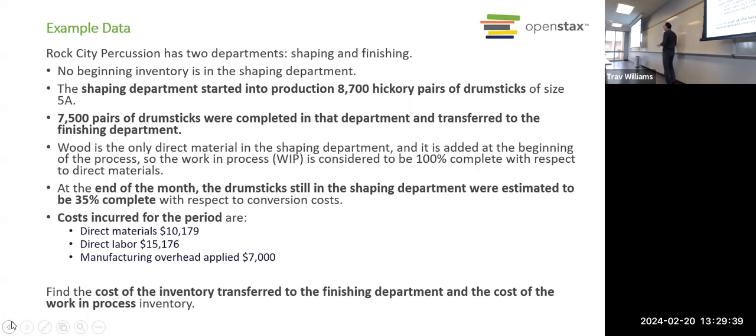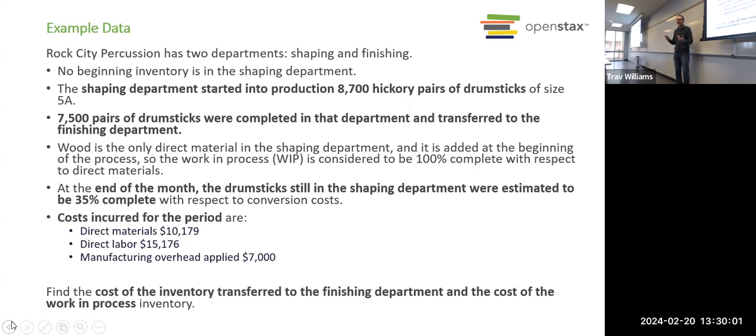Now, that might mean that 35% of them are done, but they're still part of this group, so they just haven't been transferred yet. Or it could mean that all 1,200 of them are 35% done. It really doesn't matter. Somehow the people in production came up with this 35% number.